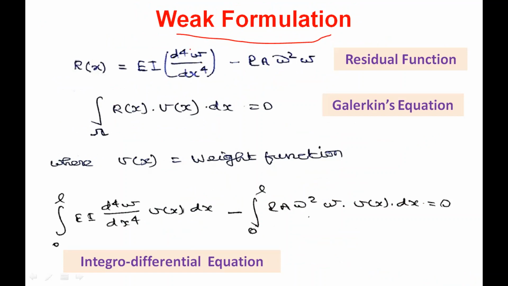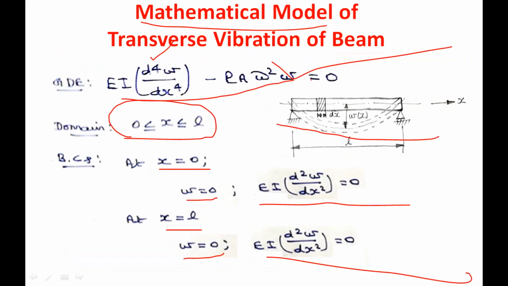When you substitute a trial function for this W, the governing differential equation will become the residual function that we have discussed earlier. So what is the residual function? If any trial function is substituted in the governing differential equation, the equation will not satisfy the condition, so it will give some residue or error.